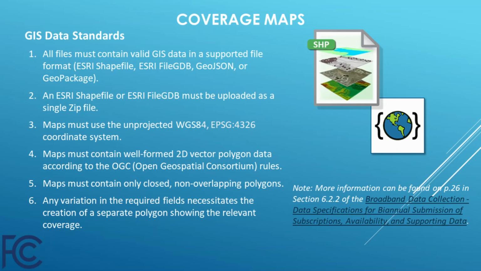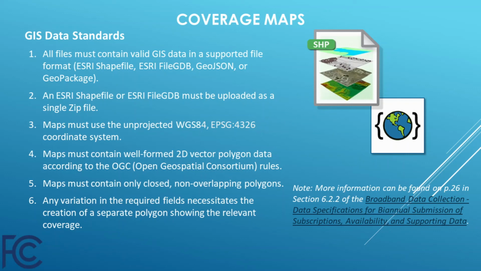Second, for Esri shapefile or Esri file GDB, that is, file geodatabase data, the GIS data must be submitted as a single zip file. Third, GIS files must use the unprojected geographic WGS84, that is, EPSG 4326, coordinate reference system.